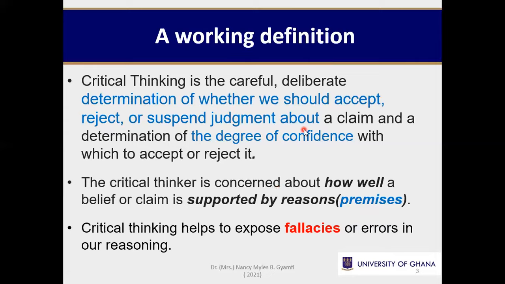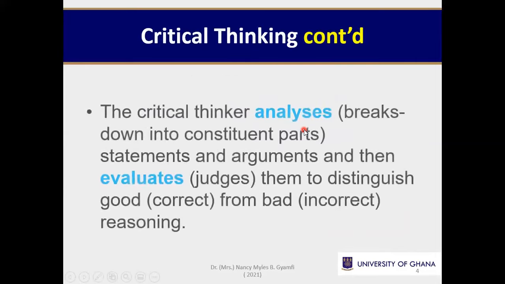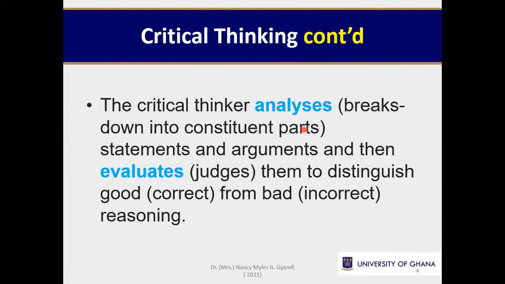I will ask you all that, and I know you will be able to explain. Fallacy is an error in the way you are reasoning. The critical thinker does not want you to reason based on error, to have an error in the way you are reasoning about a matter. The critical thinker analyzes.